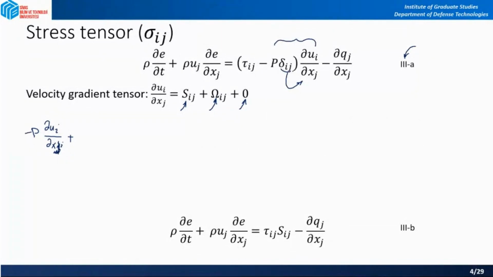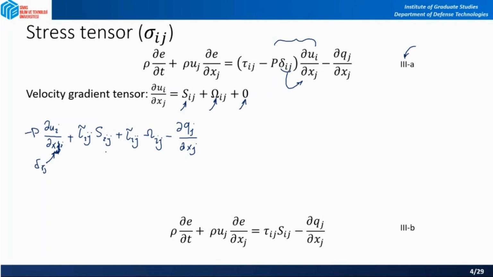This operator says convert any j to i or any i to j, so dui/dxj becomes dui/dxi or duj/dxj, it doesn't matter.